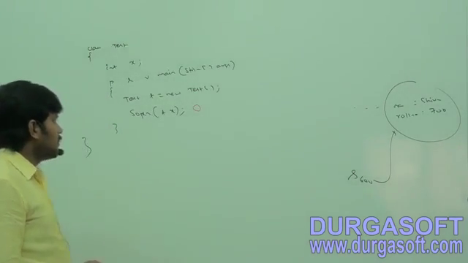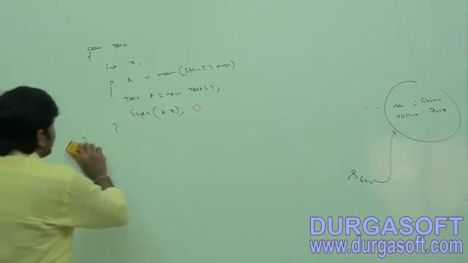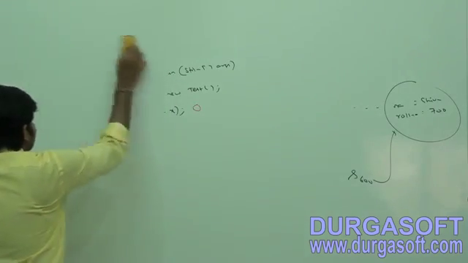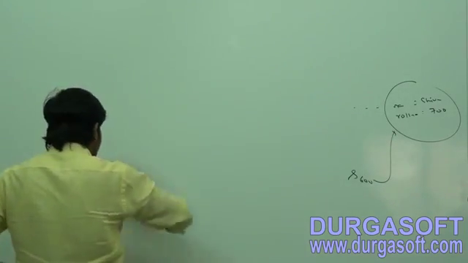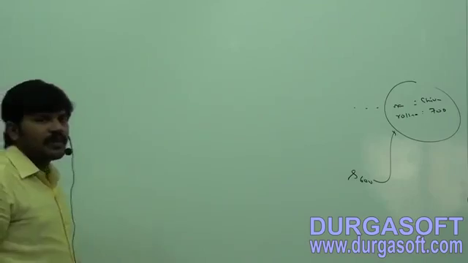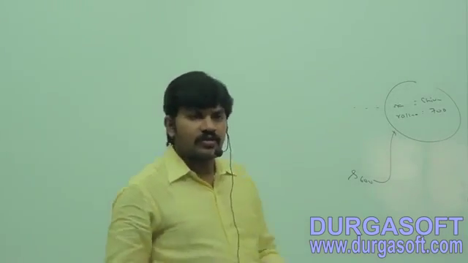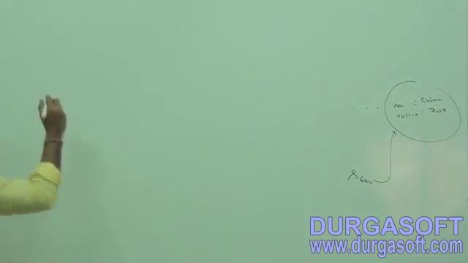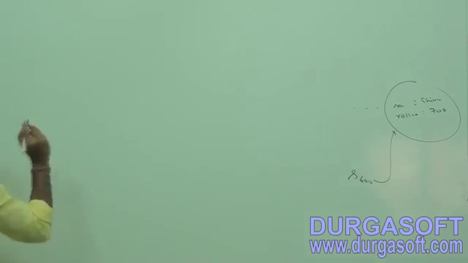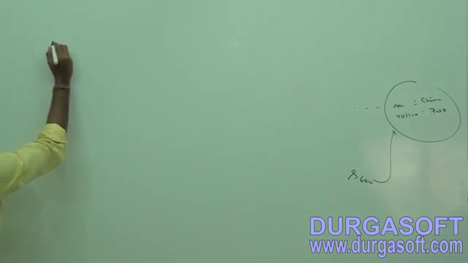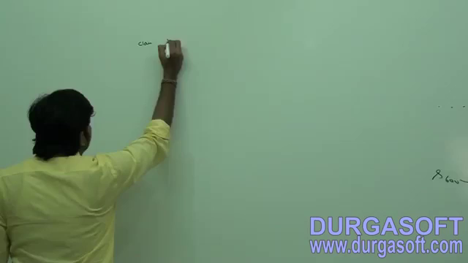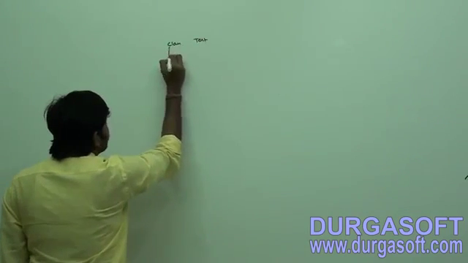Okay. So here there is one small twist. Observe this one. For the instance variable, JVM will always provide default values, right? Now just take a bit of special care. Sir, I have one class test.